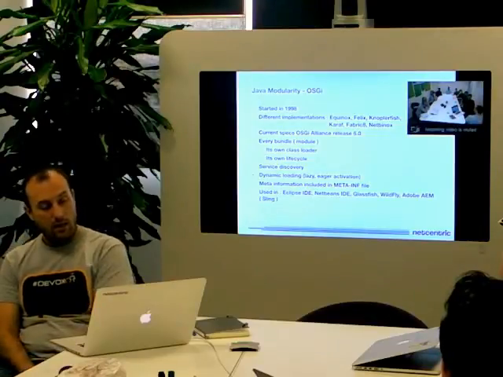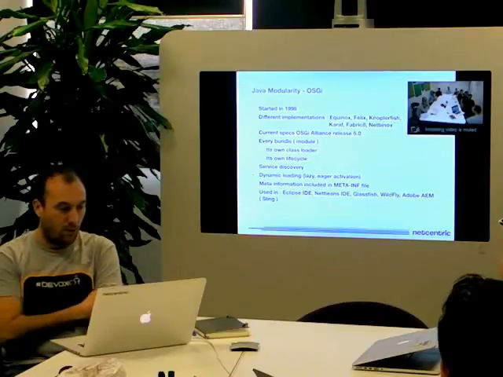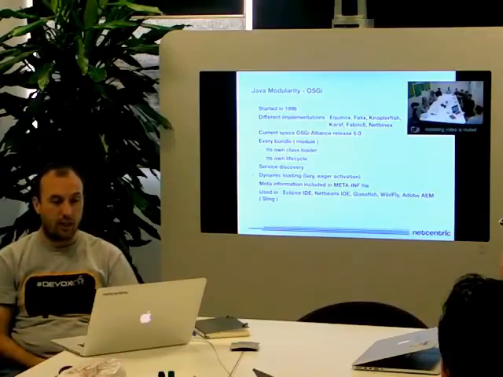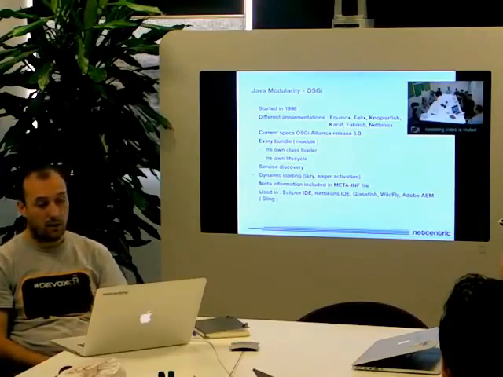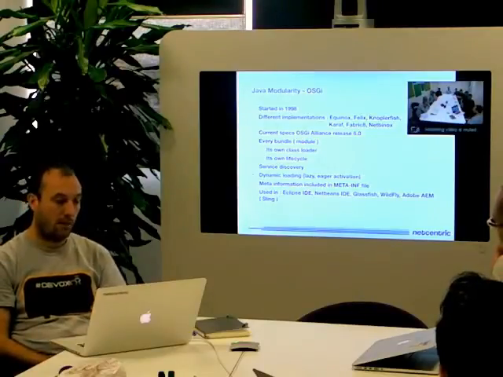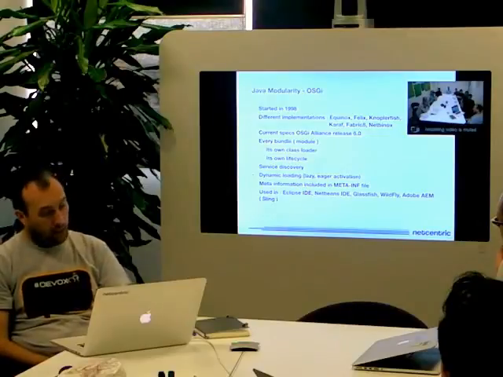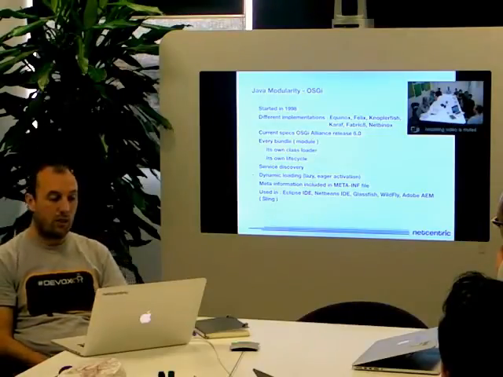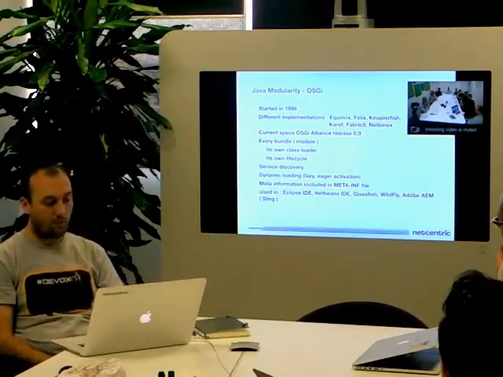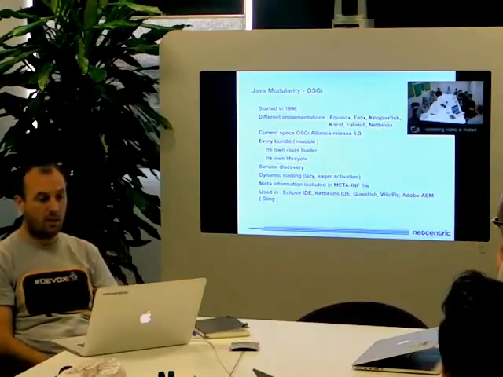Equinox, which some companies and a lot of people in the world are using without knowing. Equinox is the container that the Eclipse IDE uses to run and manage all the plugins or bundles. Felix, and also there's another container called Knopflerfish that is mainly created to be embedded in devices.